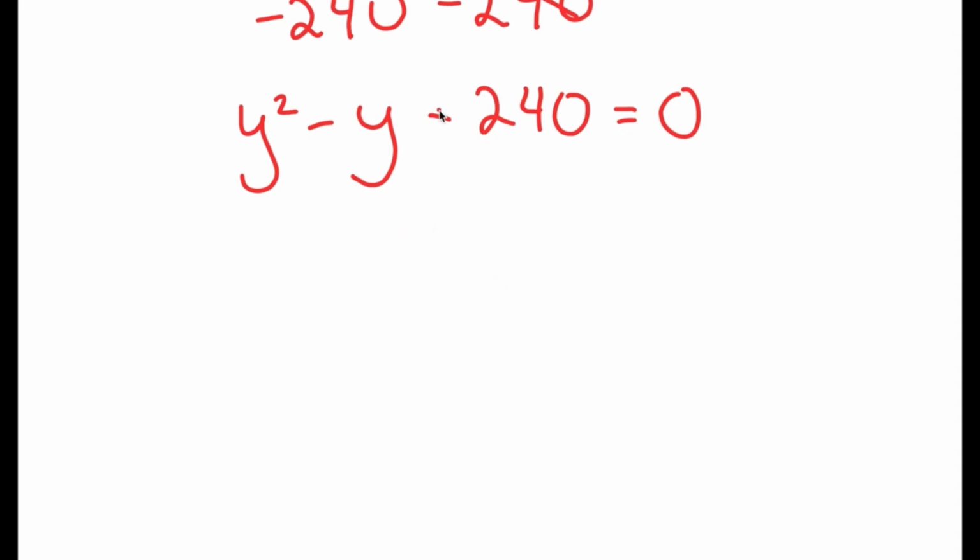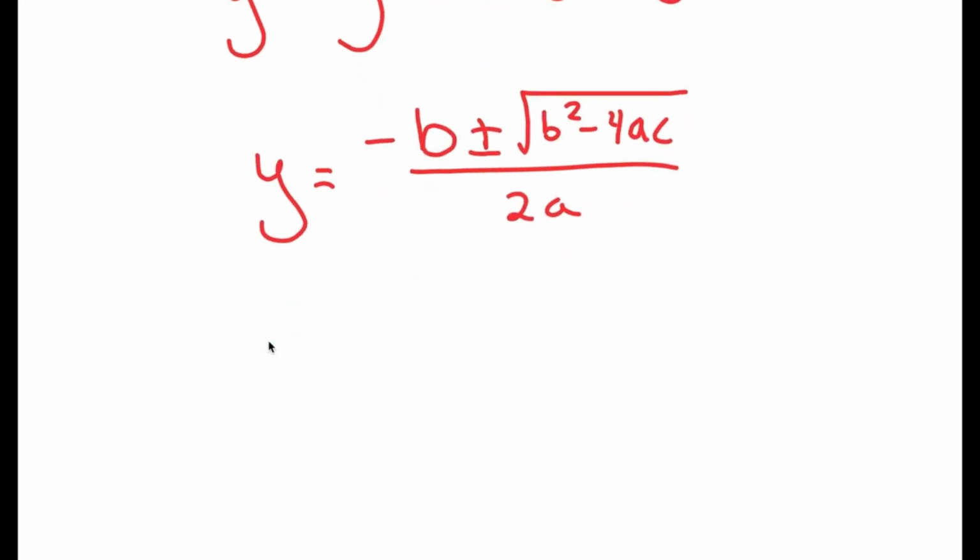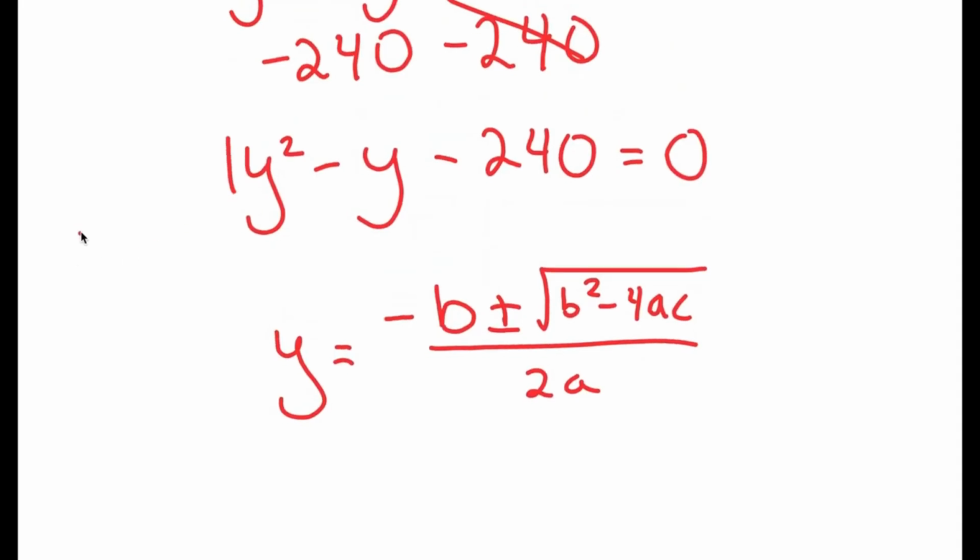And to find the solutions of this quadratic equation, I can use the quadratic formula. So if you guys already didn't know, the quadratic formula is negative b plus or minus the square root of b squared minus 4ac all over 2a. So in this case, looking over here, a is 1, b is negative 1, and c is negative 240.